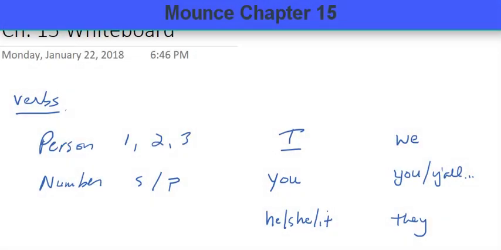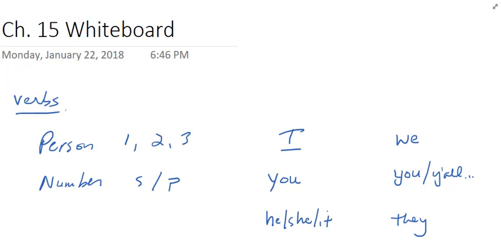Now for this little segment here, I'm not going to go entirely through Mounce chapter 15. He starts to preview some of the Greek material for verbs, and I really think that's a bit redundant because we're going to cover that in chapter 16.